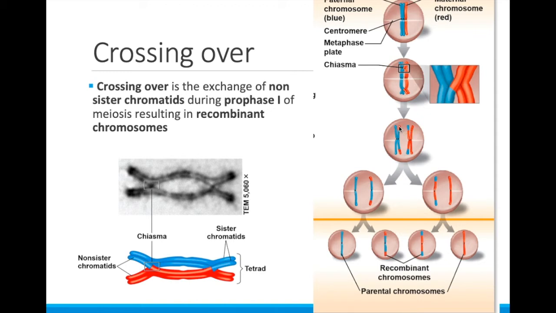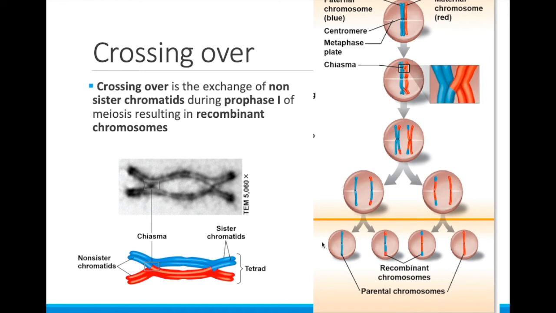So now I have this chromosome that used to be all blue and it has parts of red. This other one used to be all red and now it has parts of blue. So this means at the very end, it can make 4 different chromosomes, right? 2 that look just like the parents and 2 that have recombined into new genetic combinations. So this is 4 different combinations.